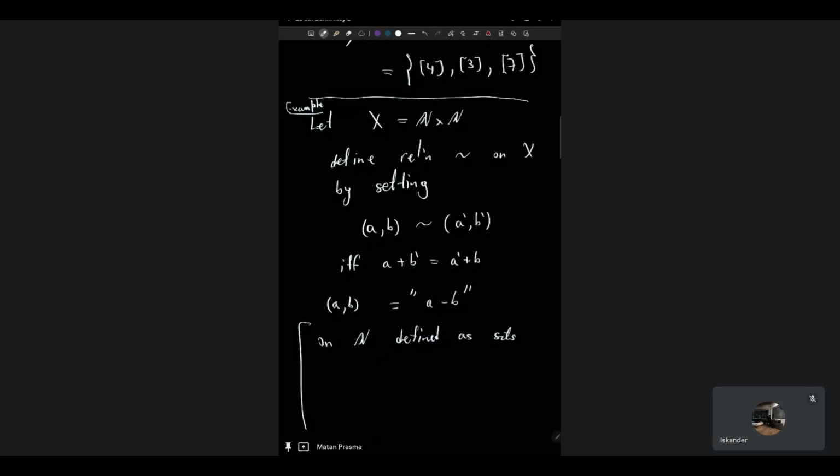To do addition of numbers when the numbers are defined as sets, like 0 is the empty set, 1 is the set containing the unique element being the empty set. Remember that the number n is simply defined to be all the numbers up to n minus 1.